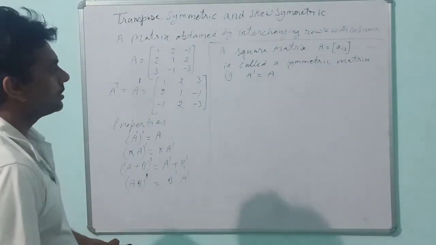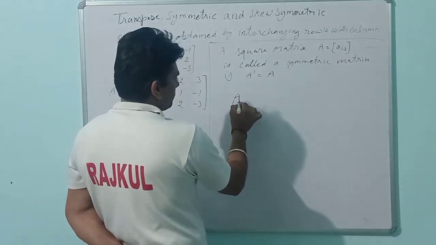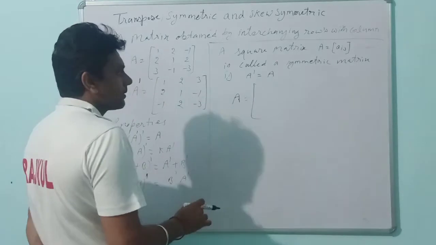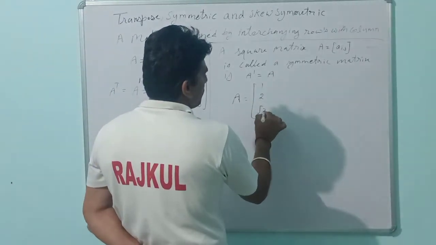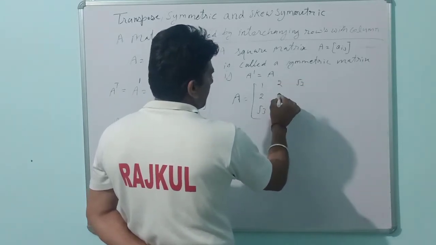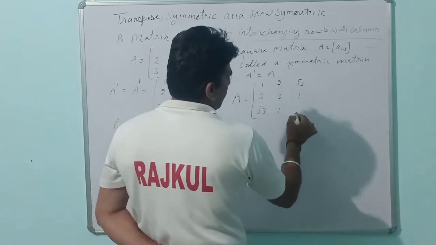A transpose is A. Now taking example of A transpose or A. A is a matrix 1 2 root 3, 2 3 1, root 3 1 4.